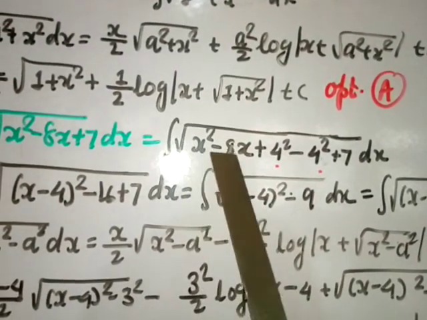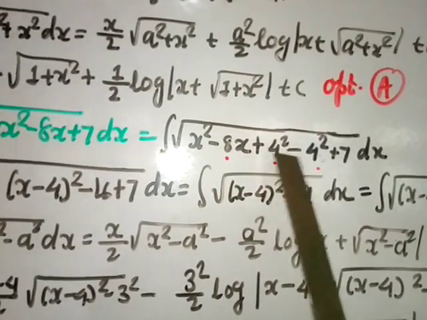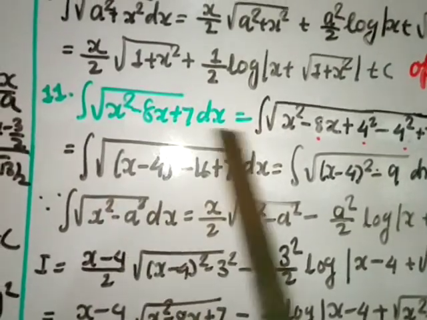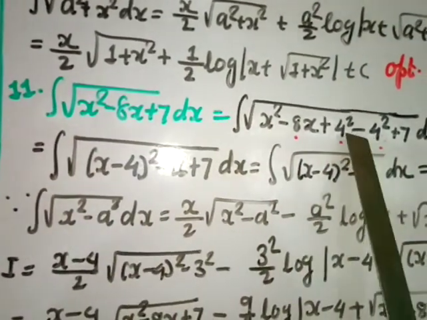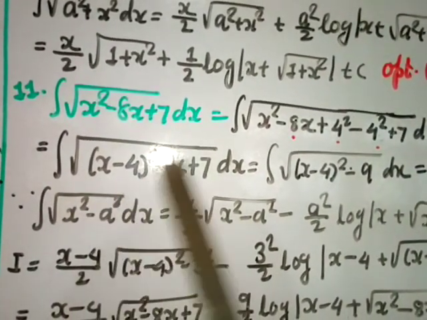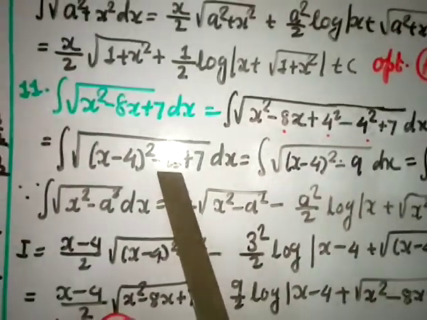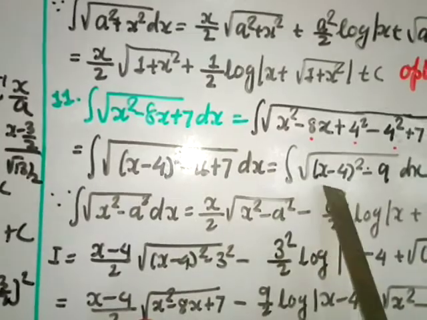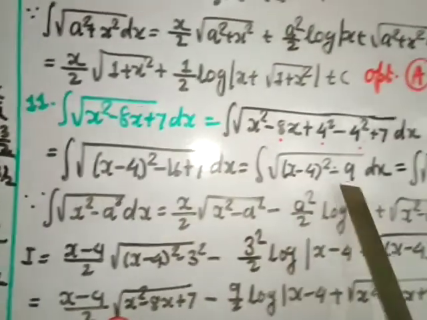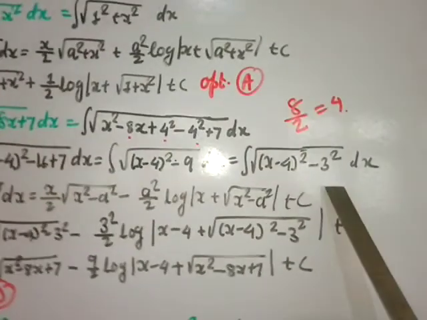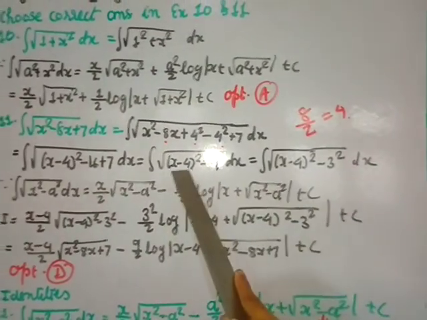And this one, x square minus 8x plus 4 square, will give you the perfect square of x minus 4 whole square. Here x, here minus, and the last term is 4. So 4 whole square. And here minus 4 square is 16, plus 7, dx. So this one is as it is, and minus 16 plus 7 gives you minus 9, and 9 can be written as 3 square. So you write 3 square dx, and the first one I am just keeping as it is.